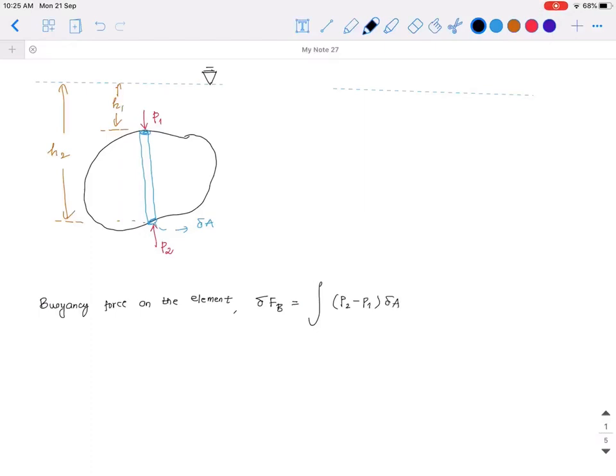The buoyancy force is a net upward force, so we have taken P2, which is acting upward, and P1, which is a downward force. P2 and P1 from hydrostatic law can be expressed as rho g h2 minus h1 times delta A.